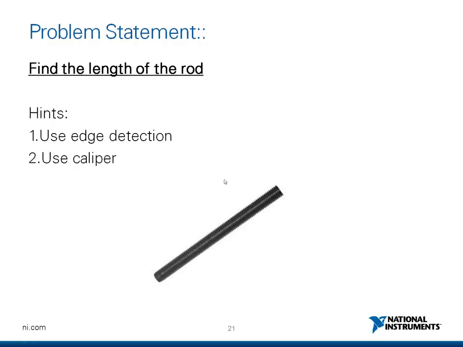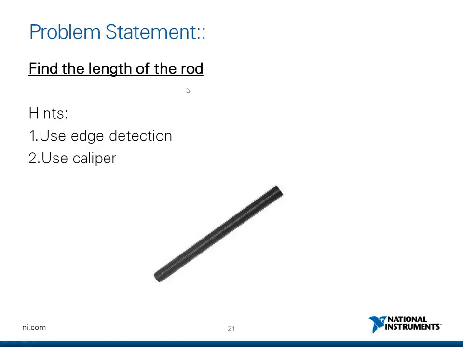Once you detect this edge and this edge, there is a step called the caliper, which you will find in the Vision Assistant if you search thoroughly. This I leave to you to search for. Once you detect these edges, all you need to do is use the caliper step. The caliper step will then give you the length of the rod. This is a very simple application that you can develop for measuring the length of the rod.